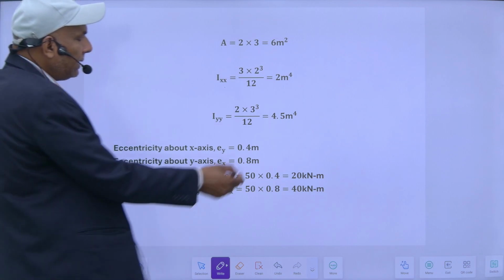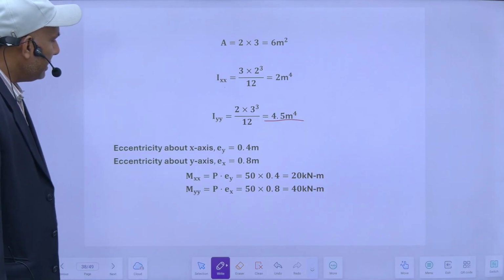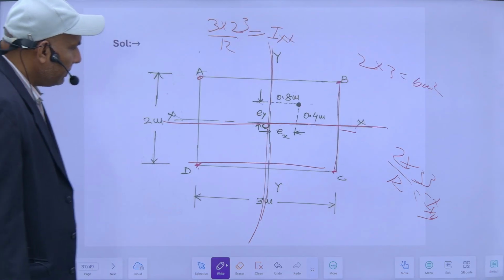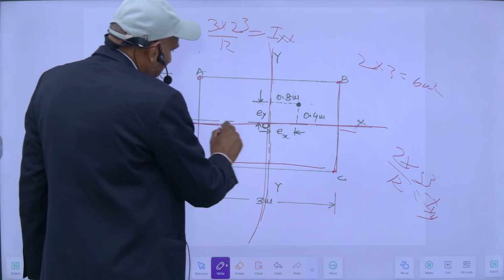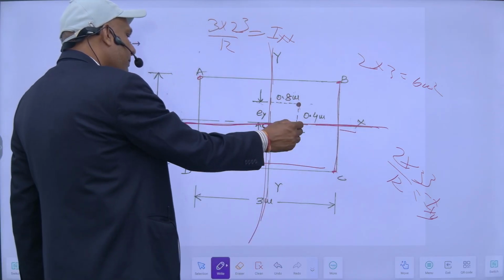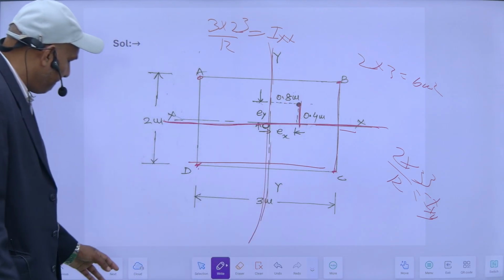So this is the value of Iy, 4.5. Eccentricity about the x-axis: this is my x-axis, and about this its eccentricity is 0.4 meter. This is my EY.